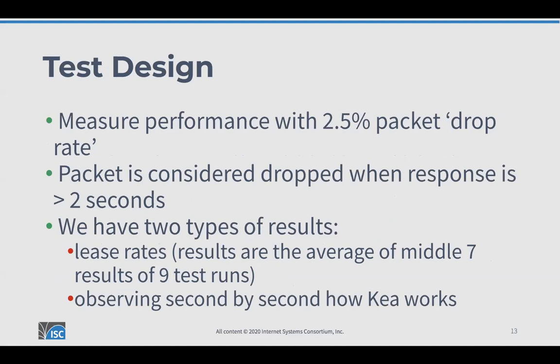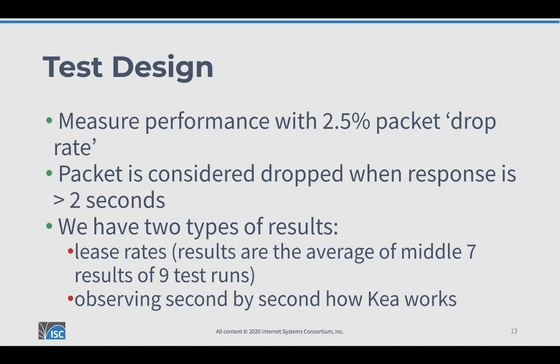In all those tests we executed, we made a couple of assumptions. First of all, we measure top performance. The point of top performance for us is when Kea is dropping 2.5% of all incoming packets.